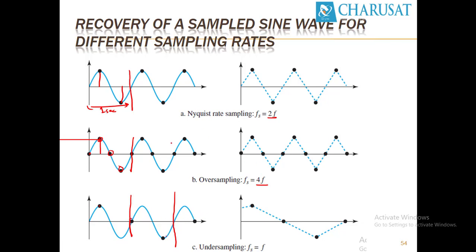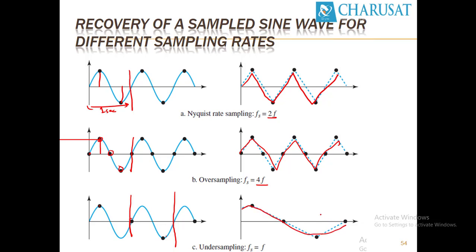If you regenerate the original from those samples, if you draw a dot and connect all those dots, we will get this line. In the same way, if you connect the oversampling, we will get this graph, and over here we will get this graph.